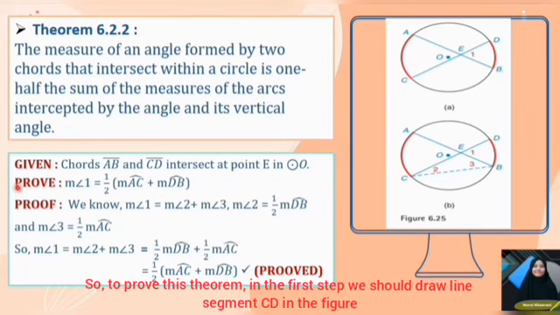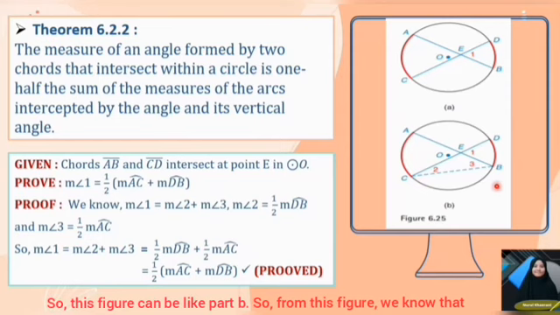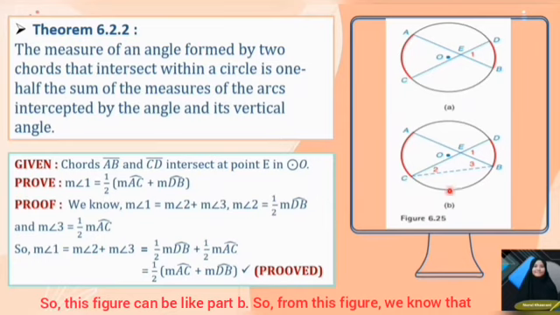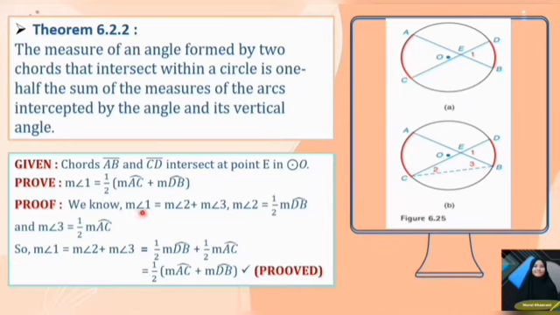To prove this theorem, in the first step we should draw line segment CB in the figure. So this figure can be like part B. From this figure, we know that the measure of angle 1 equals the measure of angle 2 plus the measure of angle 3, and the measure of angle 2 equals 1/2 the measure of arc DB, and the measure of angle 3 is 1/2 the measure of arc AC.